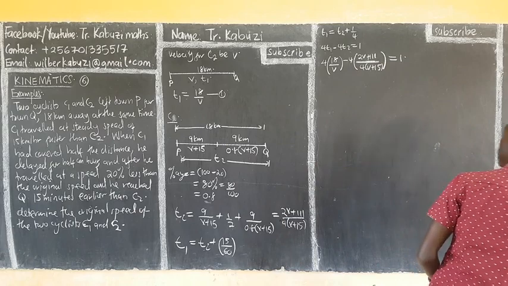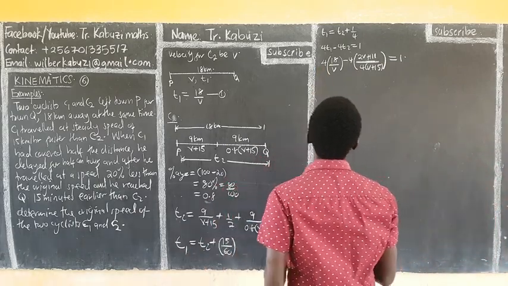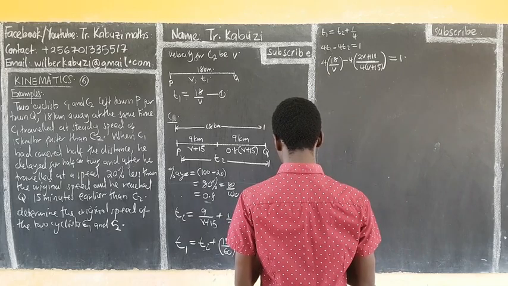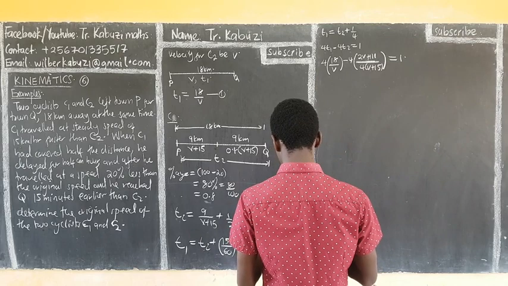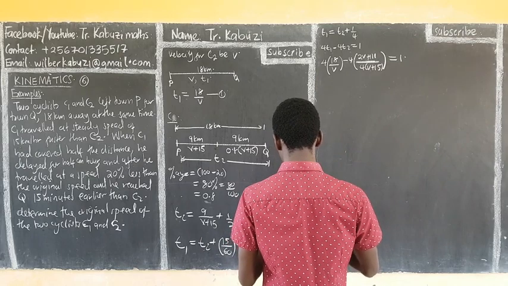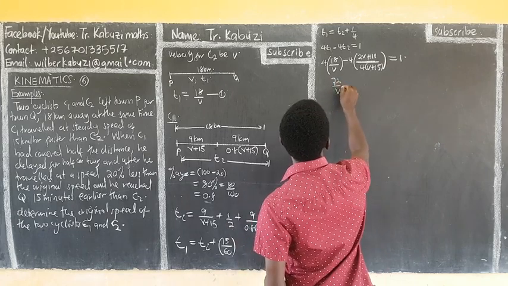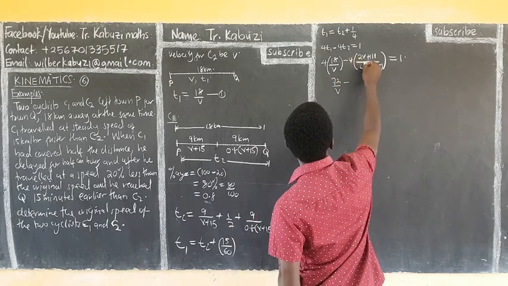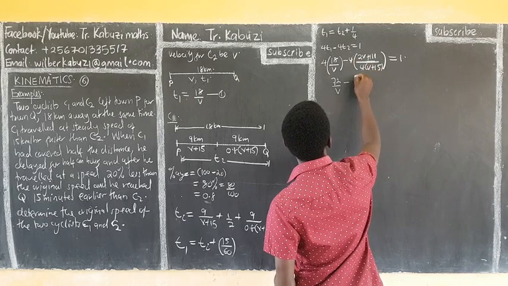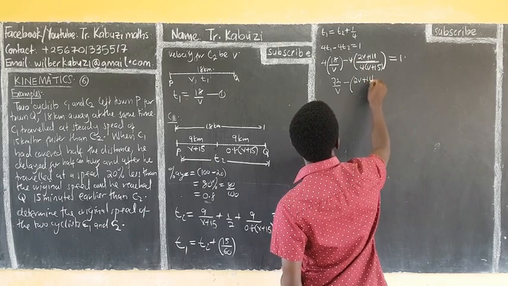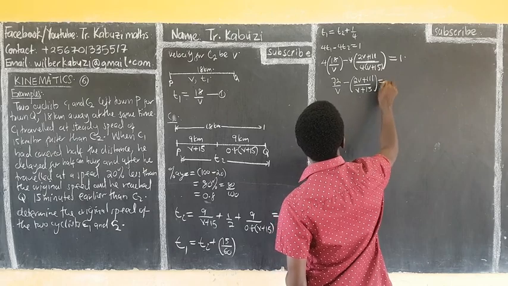Okay, so if I simplify that, if I multiply 4 times 18, that's 72. So this is 72 over b. Then minus, this 4 is going to cancel this, so I have 2b plus 1 over b plus 15, the whole giving us 1.